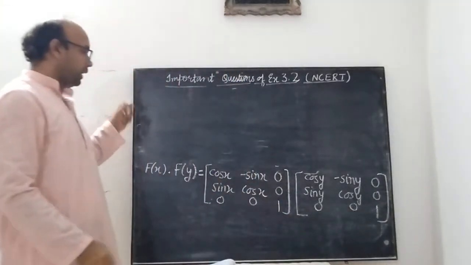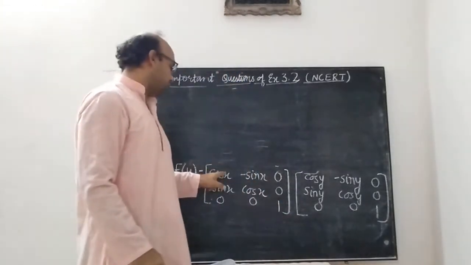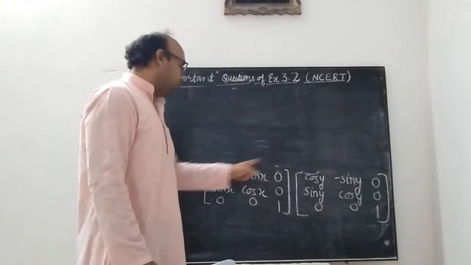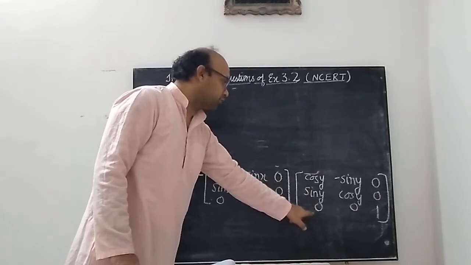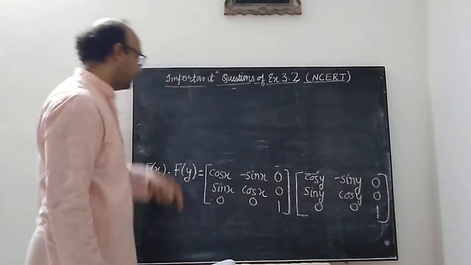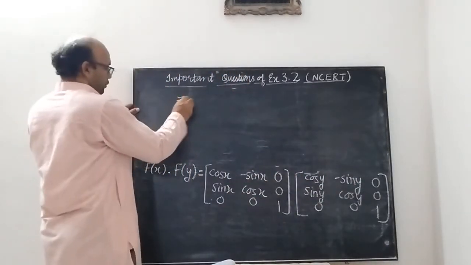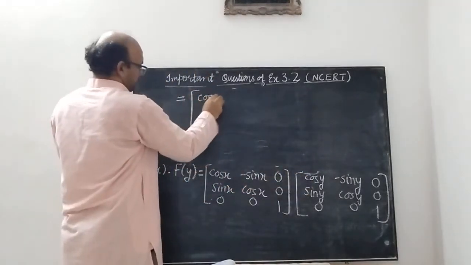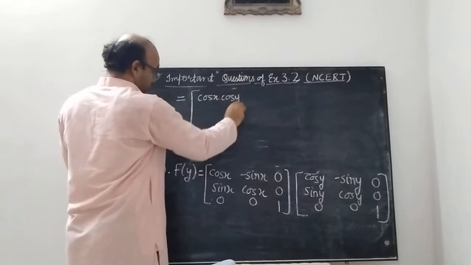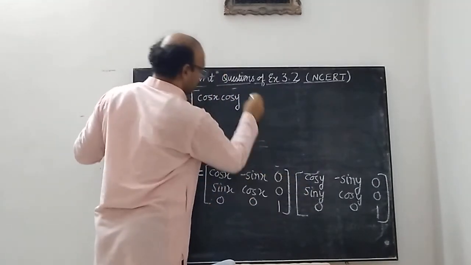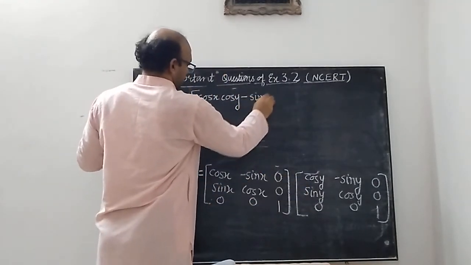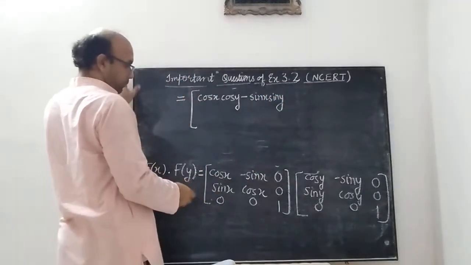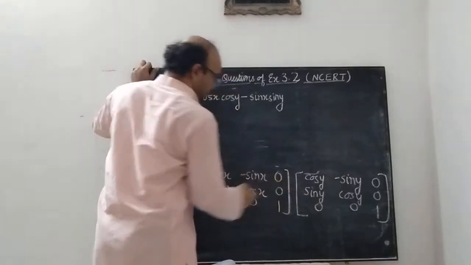So when we are multiplying, obviously we take the first row for the first row of the resultant matrix, and then correspondingly we just move on from the first column to the second and then to the third. The product will be cos x into cos y, minus sin x into minus sin y, and then 0 into 0 is 0.